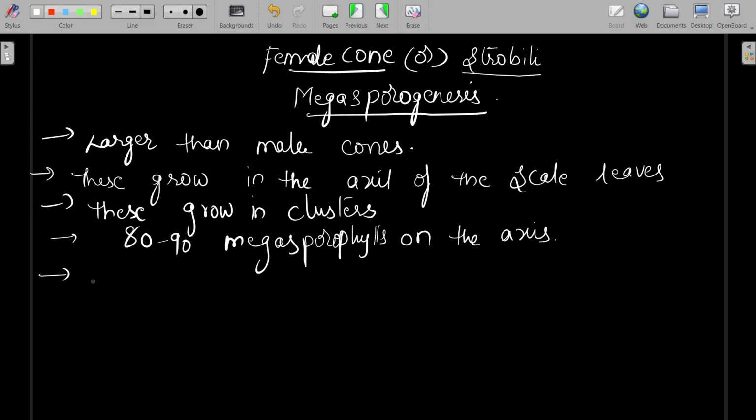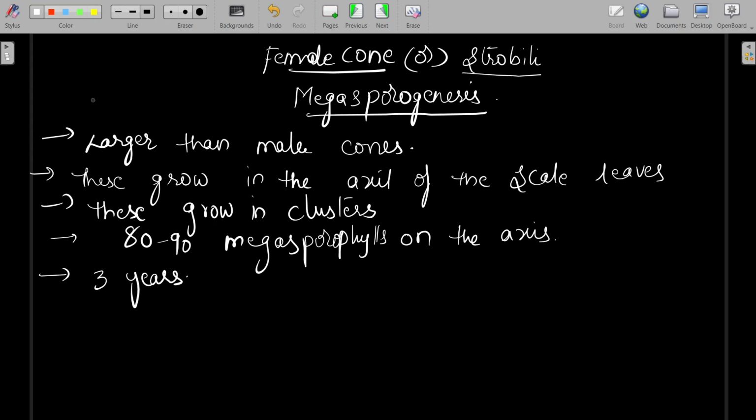Development of this female cone can take up to 3 years, from 1 to 3 years. Why? Because there would be a difference in the cones of the first, second and third year. We can observe this in the leaf gaps around the axis.